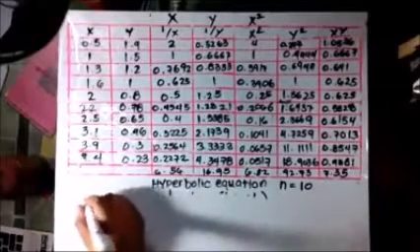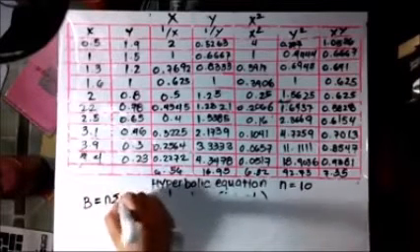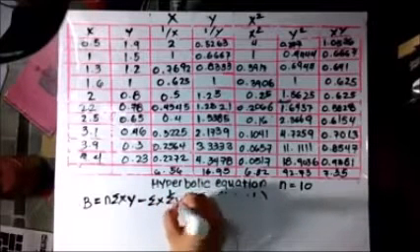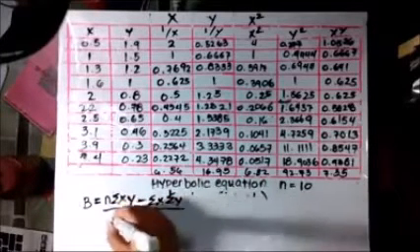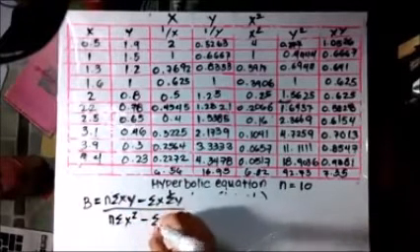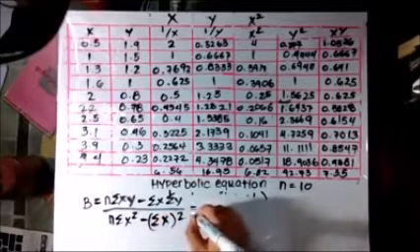The formula to get the value of b is equal to n summation of xy minus summation of x times the summation of y all over n summation of x squared minus summation of x then squared.